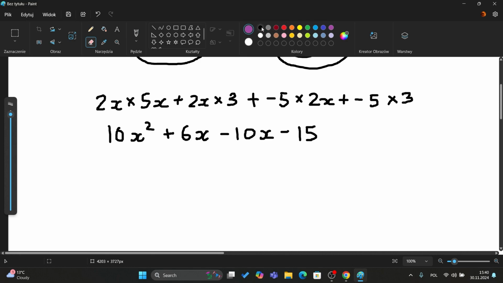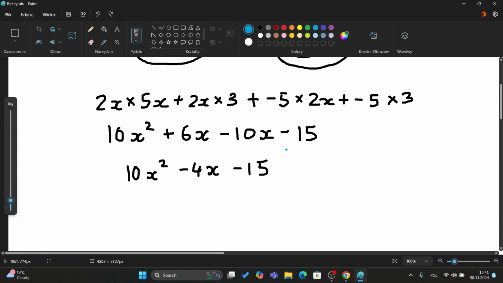So what happens here is that we have 6x and we got minus 10x. The x's are the same, which means that we can subtract them, 6x minus 10x, which gives us minus 4x. And the rest stays the same. We don't modify it because x squared doesn't have any friend, x doesn't have any friend, and minus 15 doesn't have any friend.